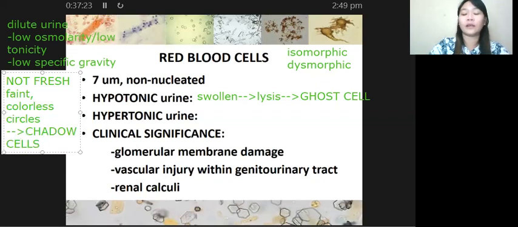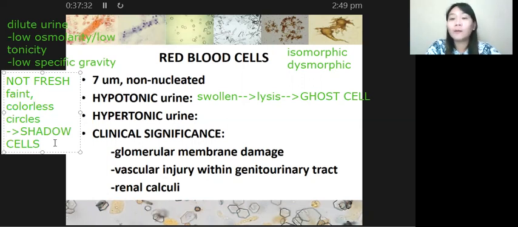Okay, shadow cells. Yan ang ginagamit po natin. So again, RBCs that appear as faint, colorless circles in urine samples that are not fresh, so they are referred to as your shadow cells.